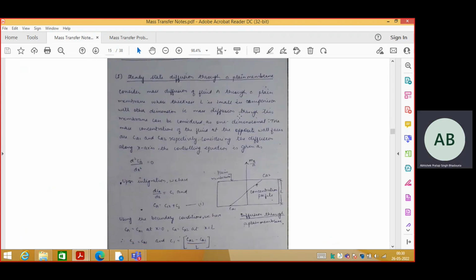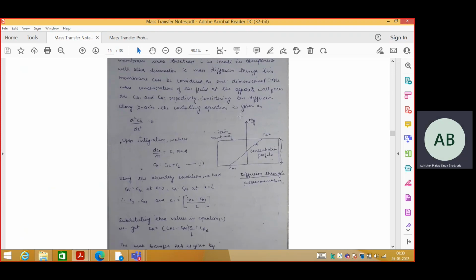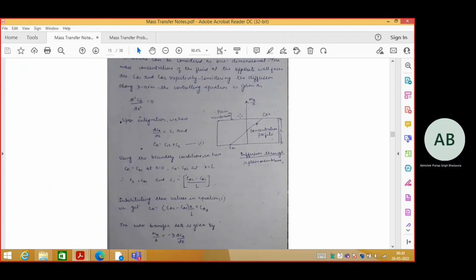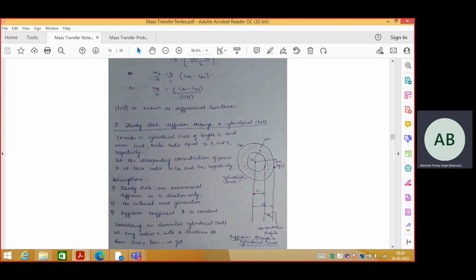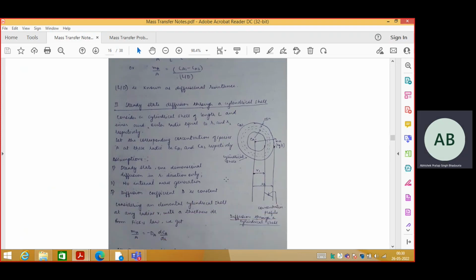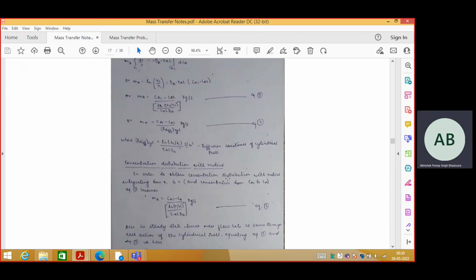Steady state diffusion through the plane membrane is a very simple one, like what we write for the plane wall. Now the steady state diffusion through the cylindrical shell: in a similar fashion we can make the analysis like we had done for heat transfer through the cylinder.